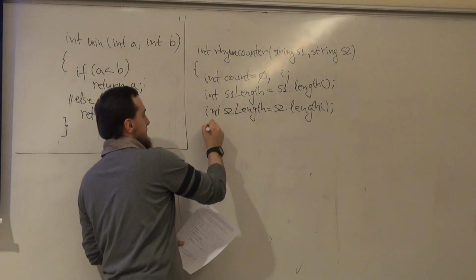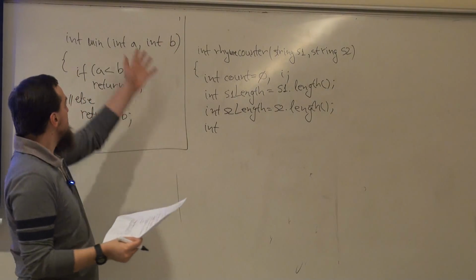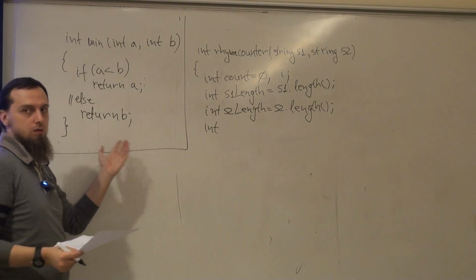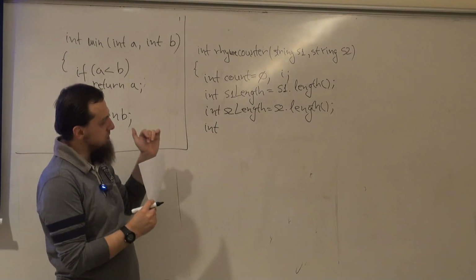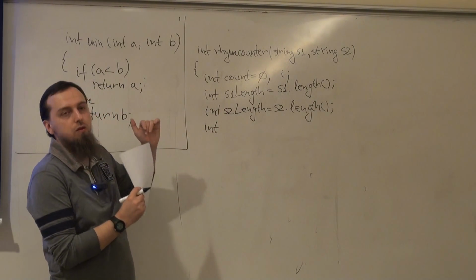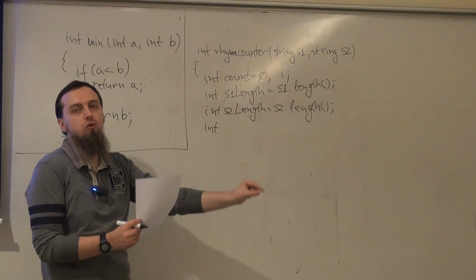Now, what your friend said. We should find the minimum of two lengths using this function, and we cannot try to compare characters which are out of the range, I mean that are smaller than index 0 of the shortest string, okay?